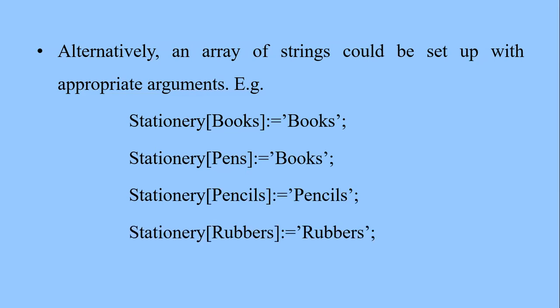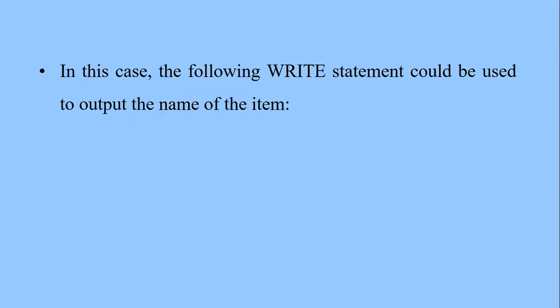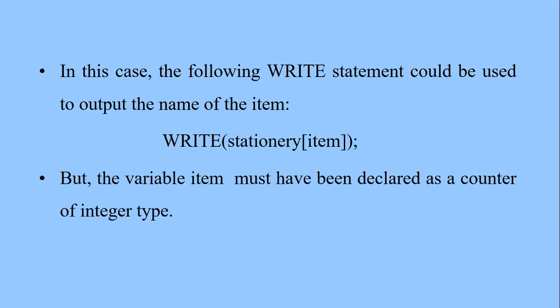So assign rubbers into the memory location called stationary, at the subscript for rubbers. In this case, the following write statement could be used to output the name of the item. Write stationary, or in other words, pick the content of the memory location called stationary at the subscript for the item. But the variable item must have been declared as a counter of type integer.